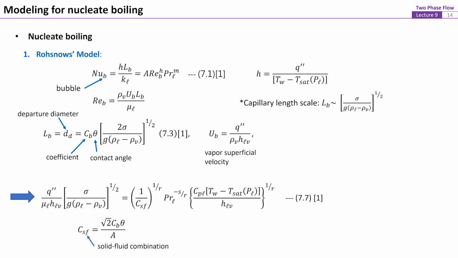It should be noted that the departure diameter decreases with reducing the surface tension, as predicted by the definition shown in equation 3. This trend was validated experimentally as described in the textbook. Finally, equation 7 is the form of the well-known Rohsenow correlation for pool boiling heat transfer.